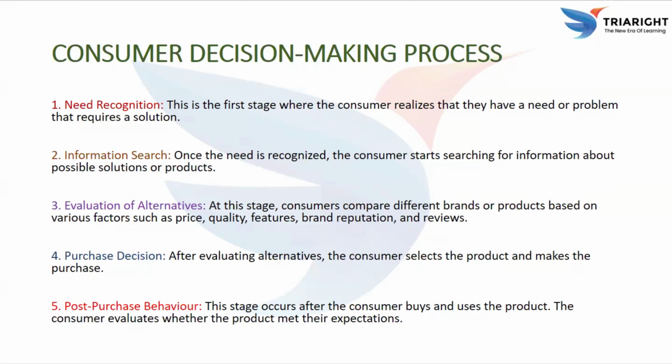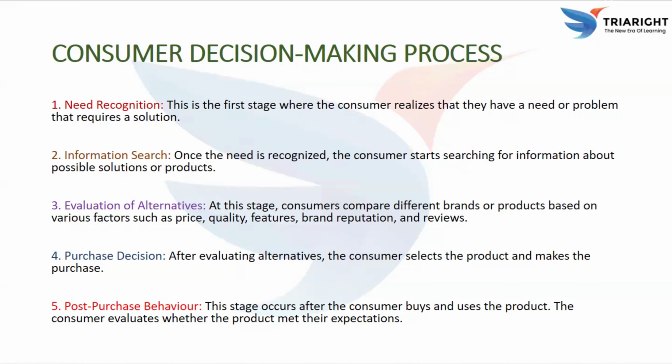Information search. Once the need is recognized, the consumer searches for information. It gathers information from two sources, internal source and external source. Evaluation of alternatives. Consumers compare different brands based on various factors.